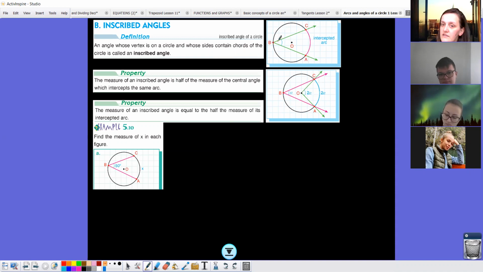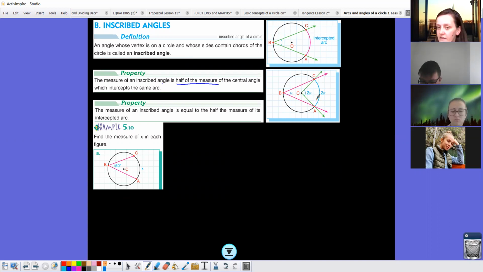Look, BC is a chord, and BA is a chord, and these are the sides of the angle ABC. It's called an inscribed angle. The measure of an inscribed angle is half the measure of the central angle which intercepts the same arc.